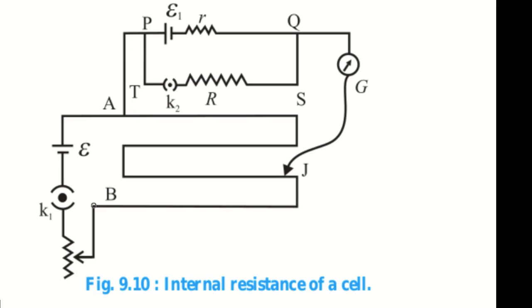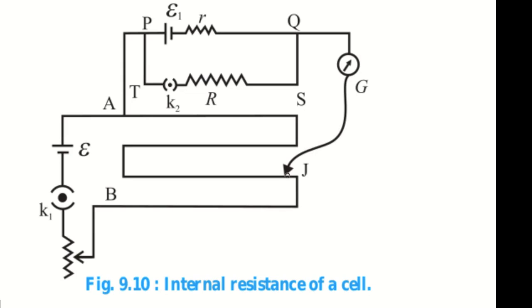You can see in this diagram that here is another battery with known EMF, and there are two keys K1 and K2. First of all, the K2 key will be open and we will close the K1 key. So the current will flow through this circuit, but it will not flow through PTSQ. For this circuit we will get some null point.